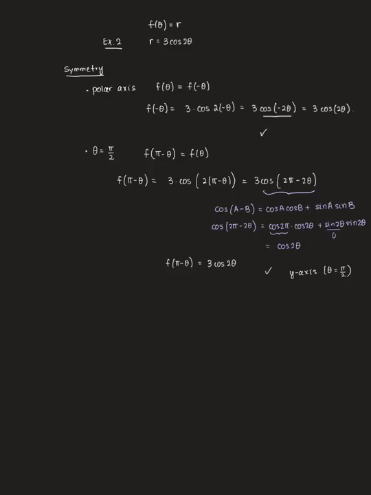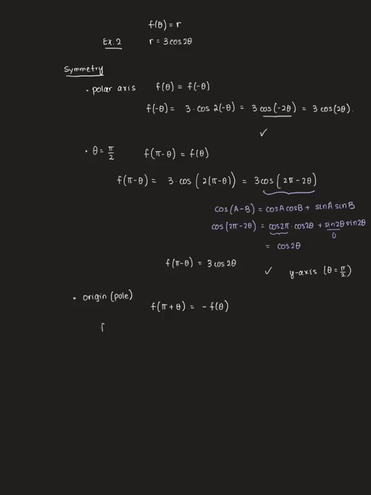And so our final symmetry to test is symmetry over the origin, or the pole. And to do that, we're going to see whether f of pi plus theta equals negative f of theta. Let's check.